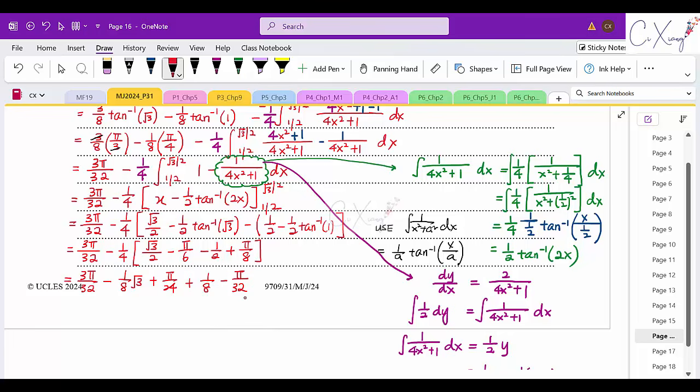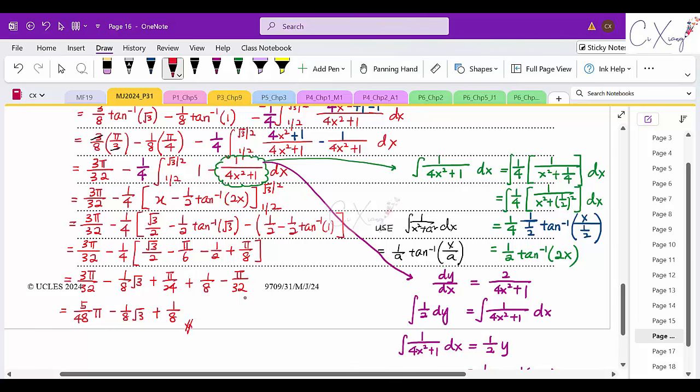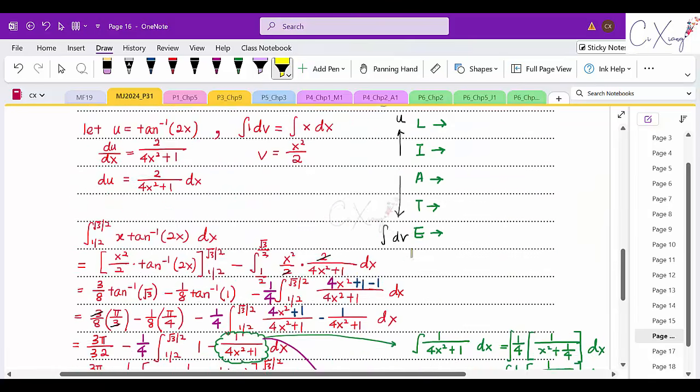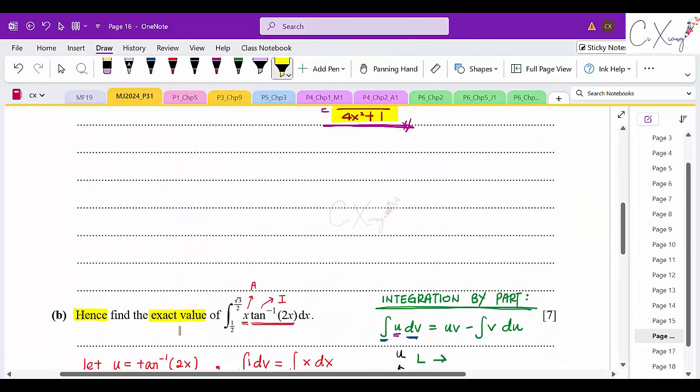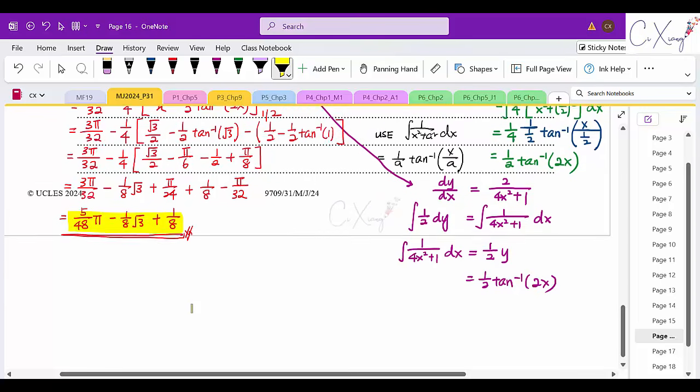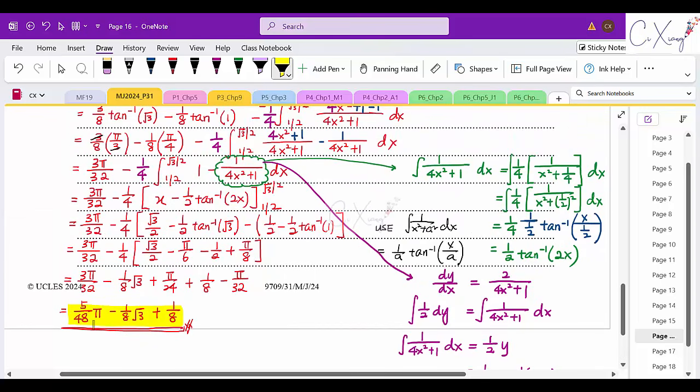If you simplify them, you have 5 over 48 pi, followed by 1 over 8 root 3, followed by the fraction 1 over 8. You have to keep your answer in this form because for this question, they are asking for the exact value. So you have to keep your answer in this pattern.